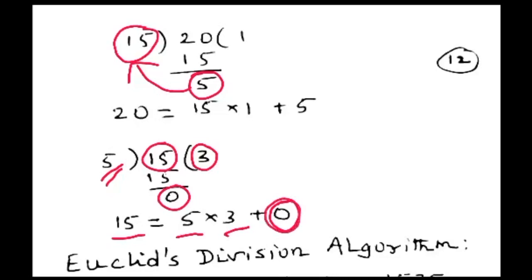In the last step, the divisor 5 becomes the HCF of the two given numbers since we got 0 as the remainder.